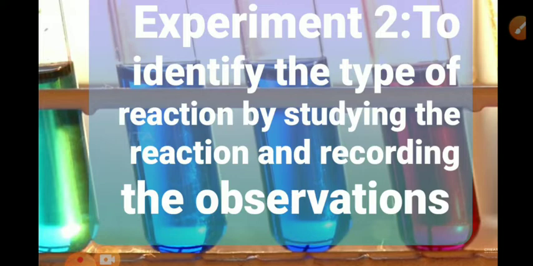Here zinc is replacing hydrogen, and what remains in the test tube is zinc sulfate, the formula for zinc sulfate is ZnSO4, and hydrogen is given out. So hydrogen is displaced by zinc here. So what do we conclude, children? We will conclude that it is a type of displacement reaction.